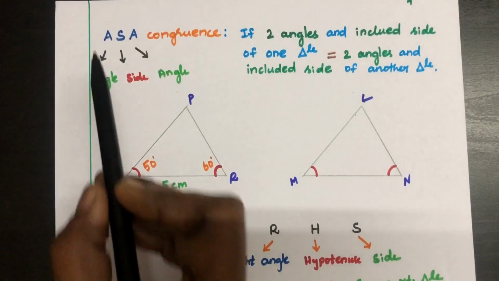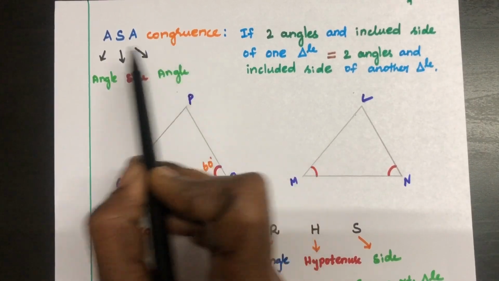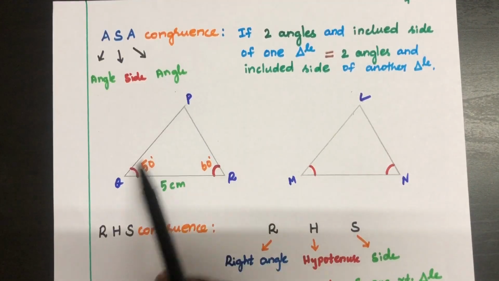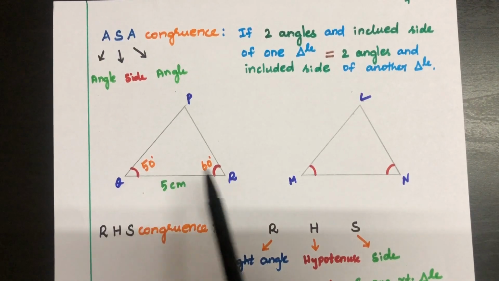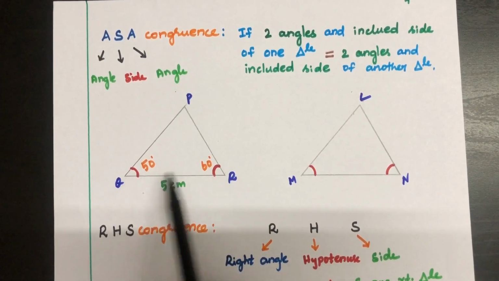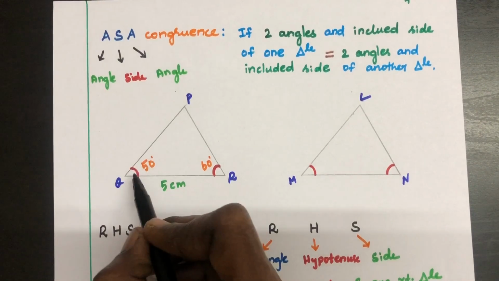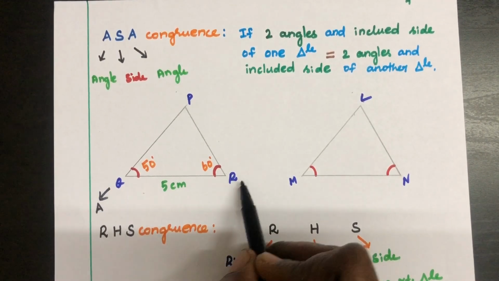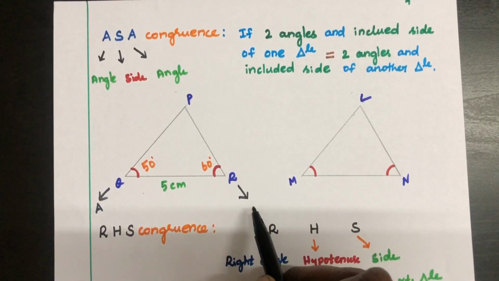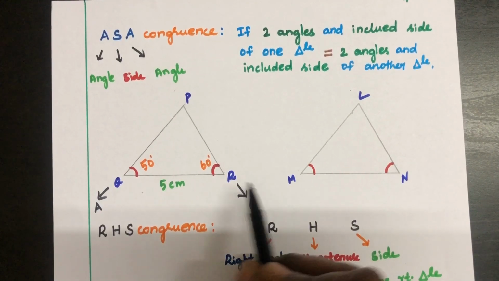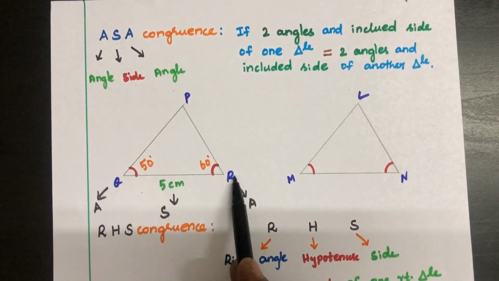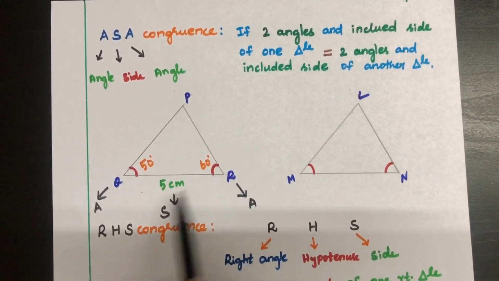Next criterion, ASA congruence. What is ASA? Angle, side, angle. This is a triangle. If two angles and the included side, this is one angle and this is another angle, this is the included side, the side means this line.